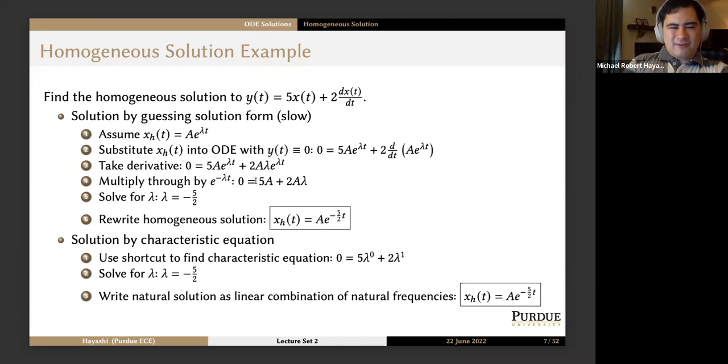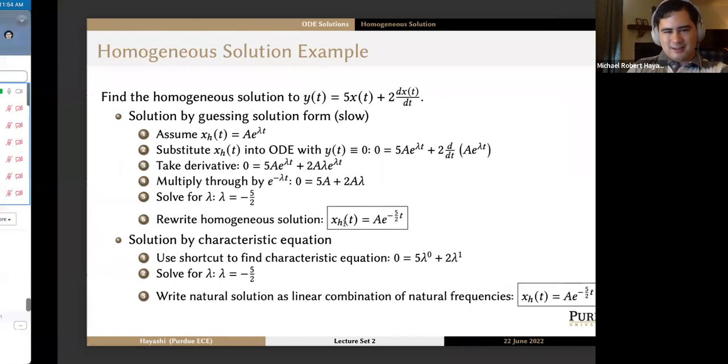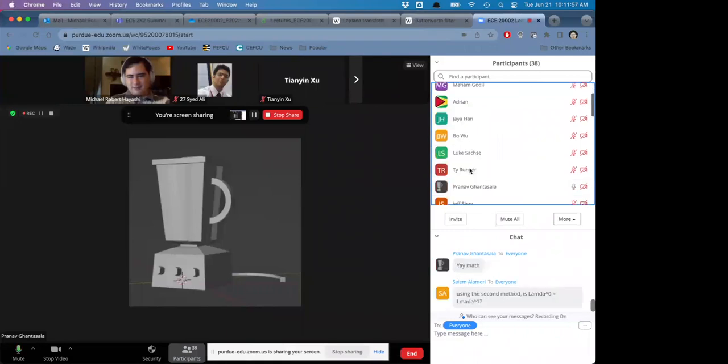It's not necessary to form the characteristic polynomial, but we know that the homogeneous solution must have the a there. If you're doing it like the 266 method, you would get your dx's on one side, your dt's on the other, and then you would integrate, and then raise to the e power, so you would get e to the constant of integration out front, which is the same as having a capital A. Does that answer your question, Pranav? Yeah.